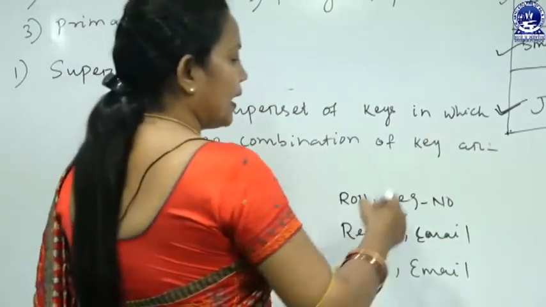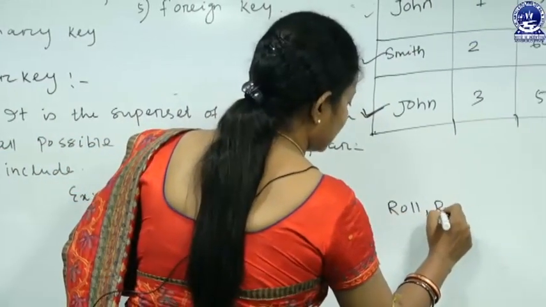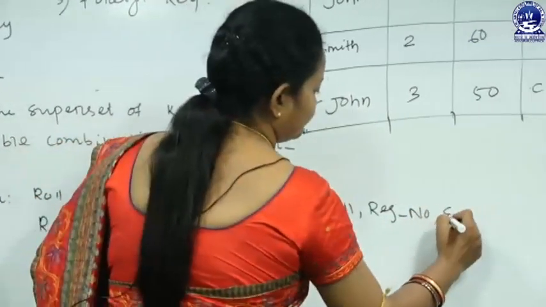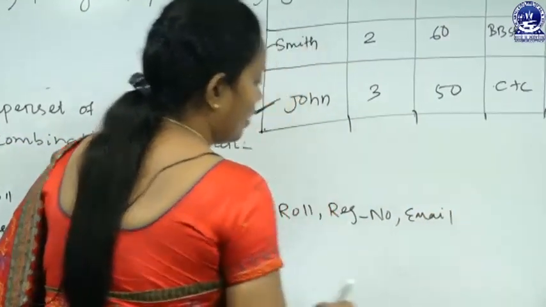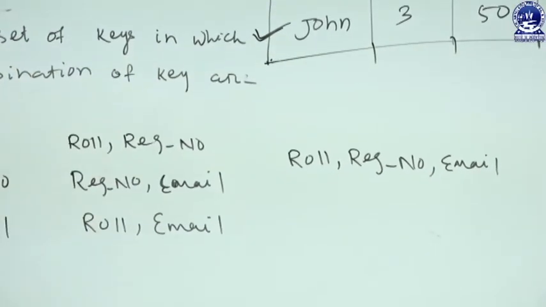Again, by combining all three, that is roll, registration number and email, it will form another super key. So, these are the examples of super key.